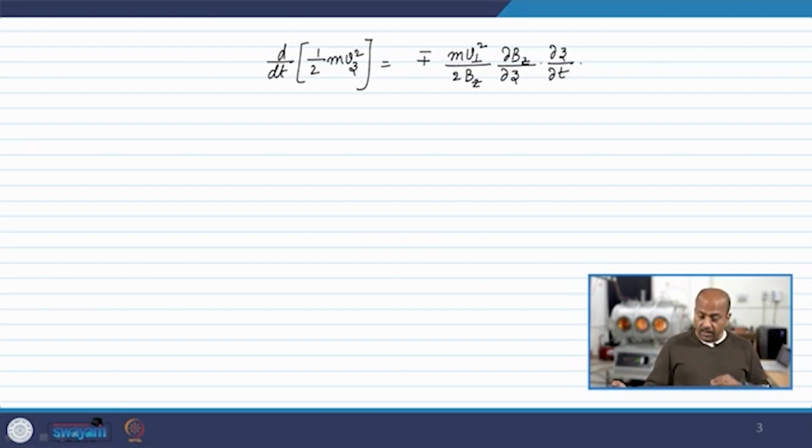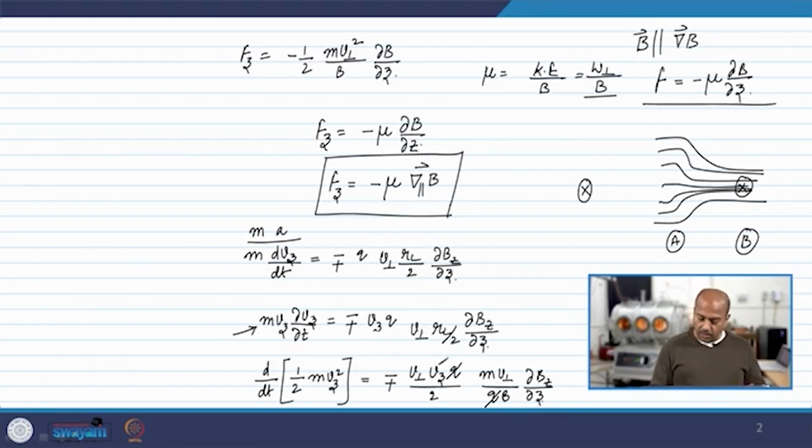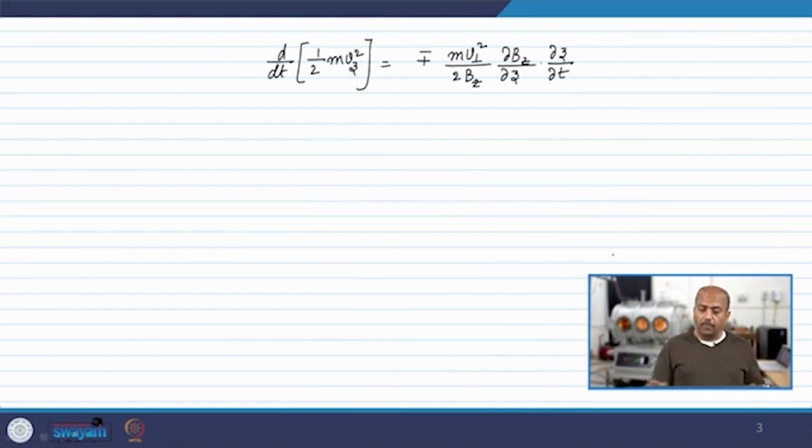Right. So how did I get ∂z/∂t? Because you see here you have Vz that is appearing here, right? What is Vz? Vz is dz/dt, the rate of change of position along the z axis with respect to time, right?